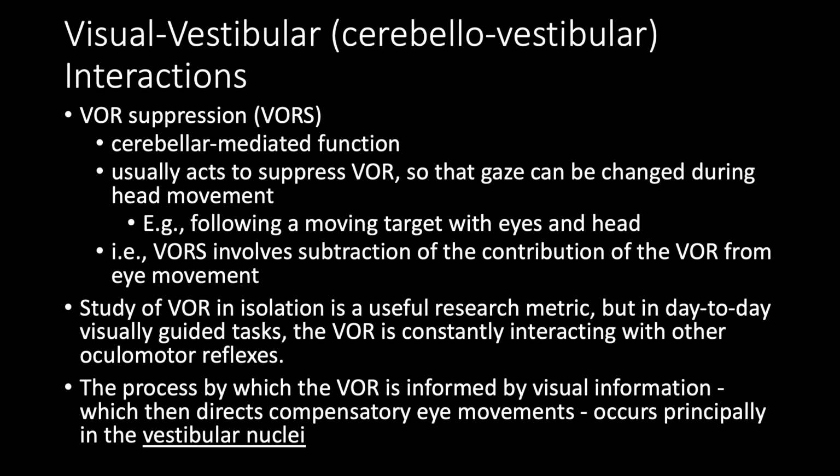For example, you might be walking down the street, looking at your watch and turning left at the same time. In order to avoid the VOR driving your eyes off the watch face, VOR suppression is required. VOR suppression involves subtraction of the contribution of VOR from eye movement.